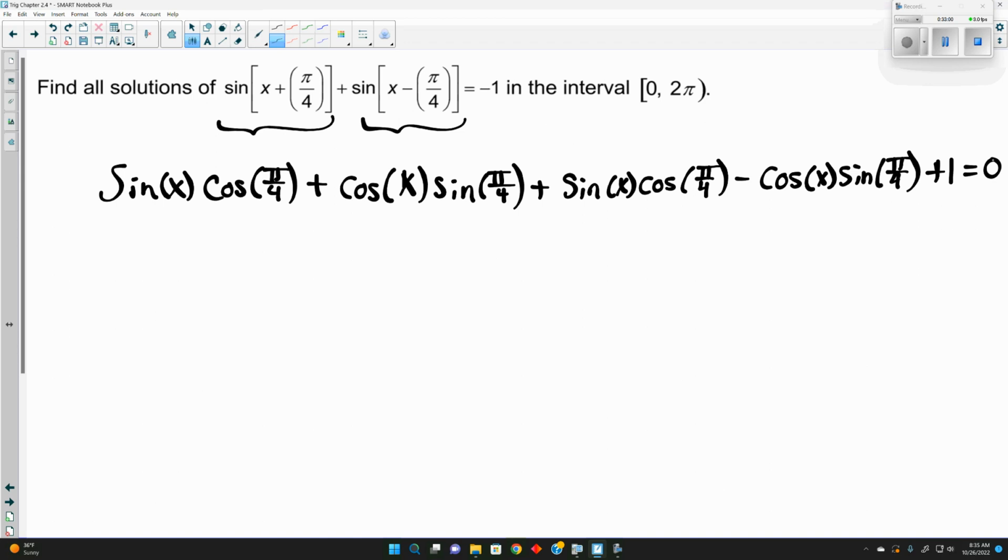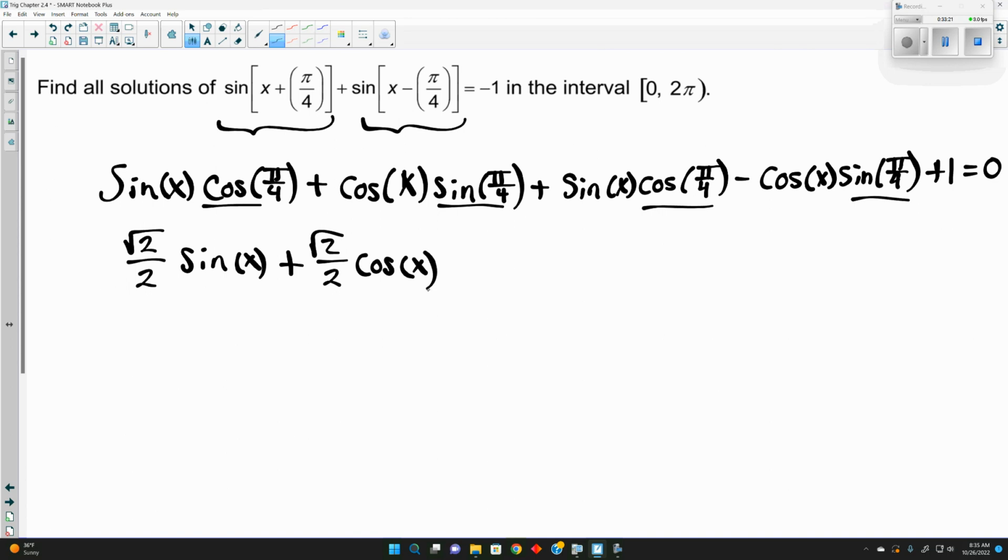Now, looking at all this here, we can simplify a little bit. Because one of the things we know is that cosine of pi over 4 and sine of pi over 4, all of these here are going to be square root 2 over 2. So what we had is the square root of 2 over 2 sine of x plus square root 2 over 2 cosine of x plus here we're going to have square root of 2 over 2 sine of x minus square root of 2 over 2 cosine of x plus 1 is equal to 0.